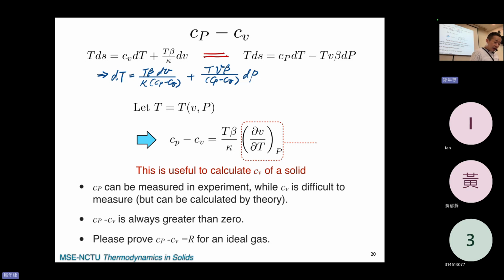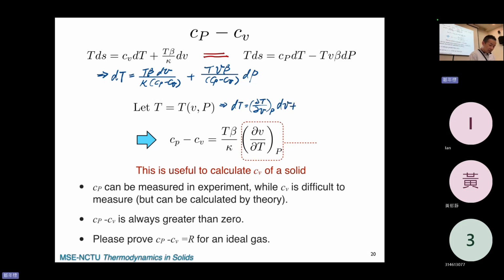And you see the change of temperature actually has two contributions, dV and dP. So temperature is a function of volume and pressure. All right, so based on this, dT equals partial T over partial V at constant P times dV plus the other term times dP.